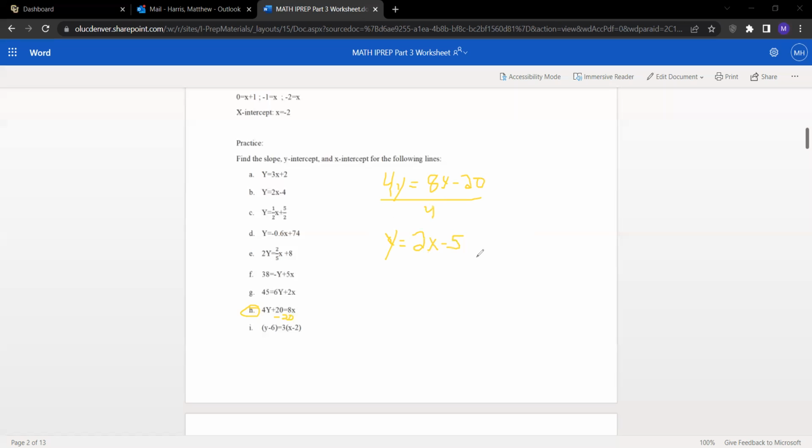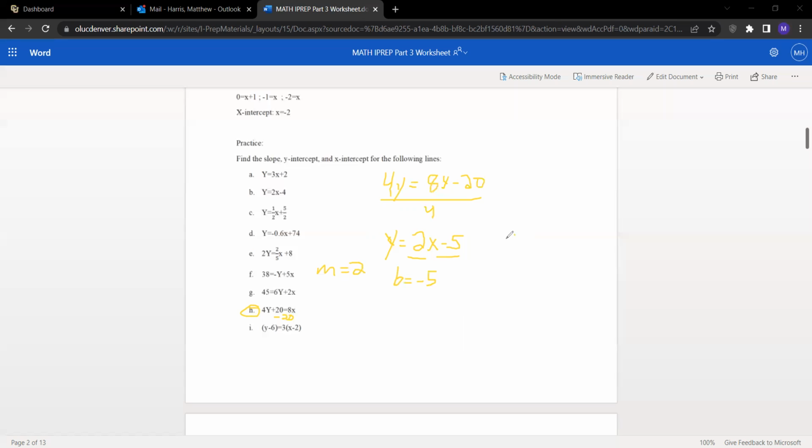And once we have it here, it's a lot easier to work with, right? So what's our slope? And y equals mx plus b. Our slope is m. So our slope is going to be 2. What is our y-intercept? -5. Remember, because it's 2x minus 5, so we have to do -5. Then how do we find our x-intercept?